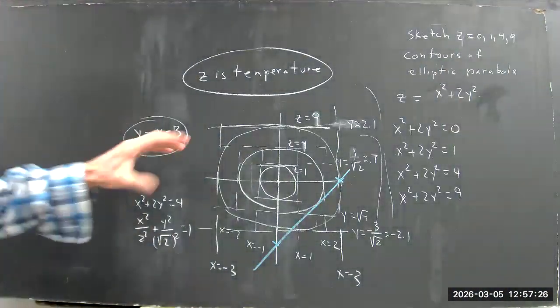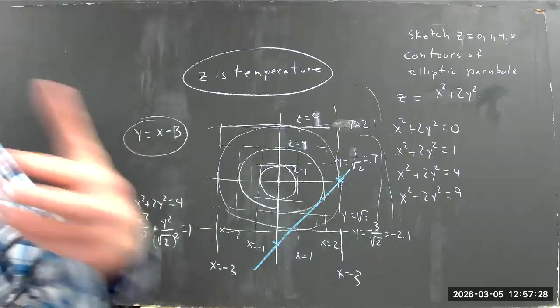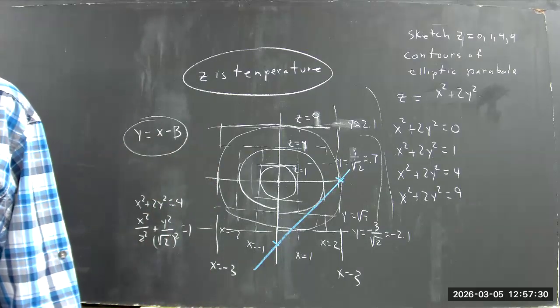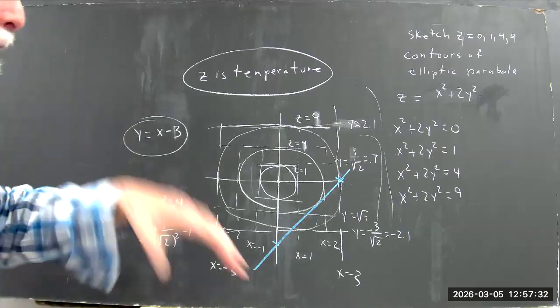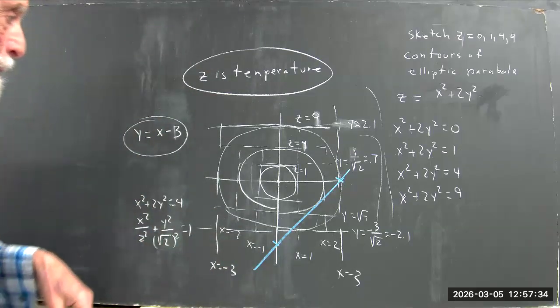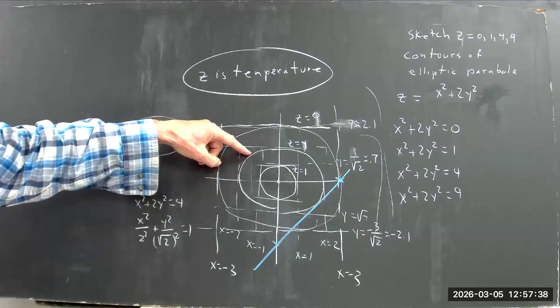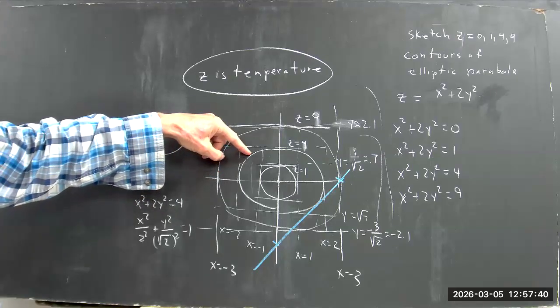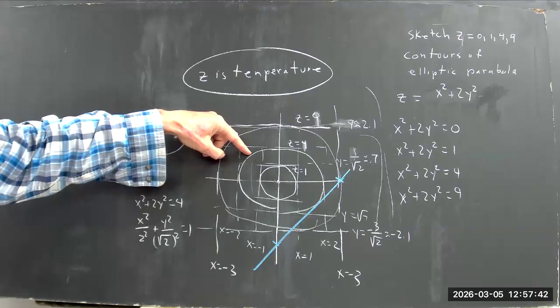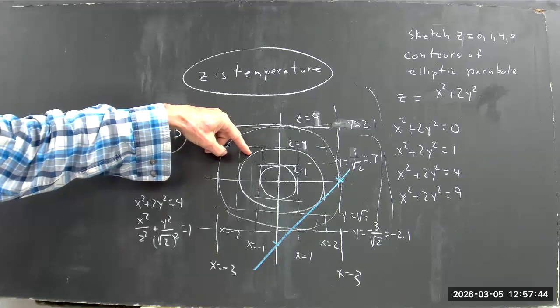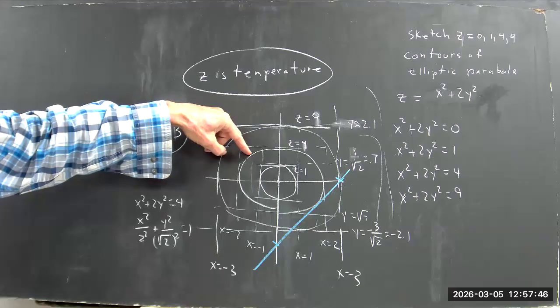We're talking back and forth on this. People are slowly coming around to being oriented to this picture. These are temperatures. So I point here and ask, what's the temperature? You know, this might be where x is negative 1.5 and y is 1.3, something like that.